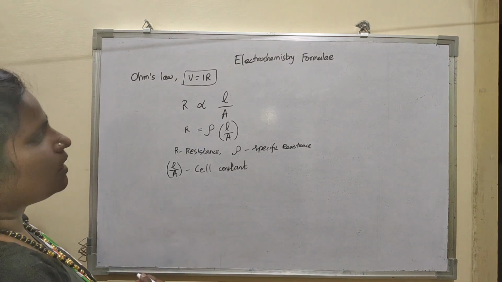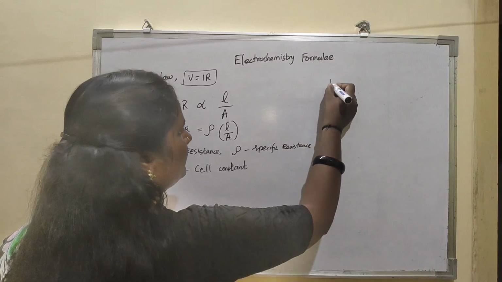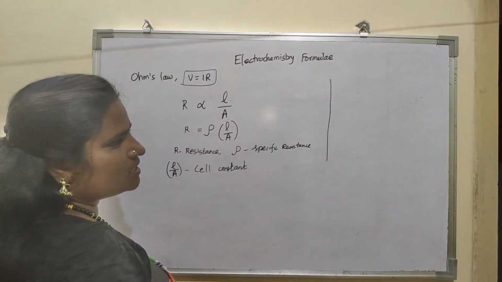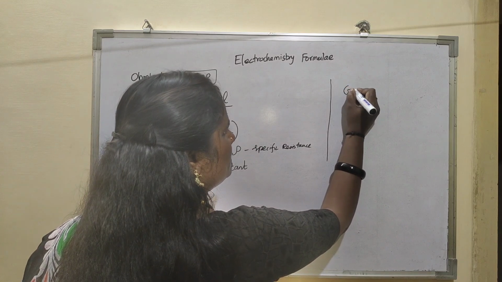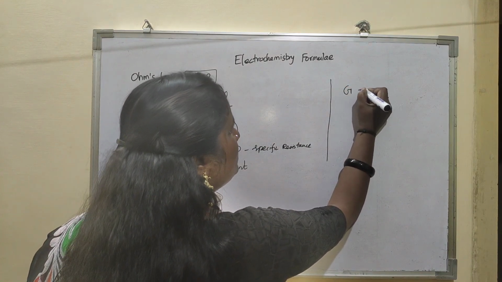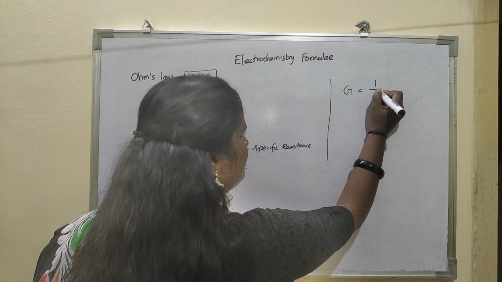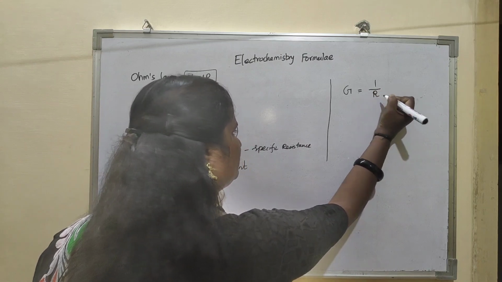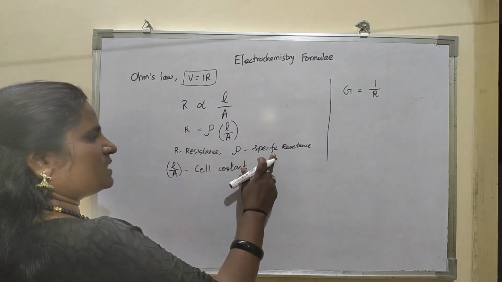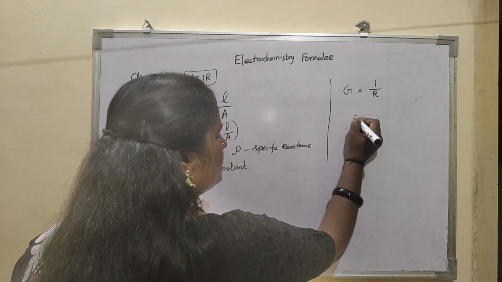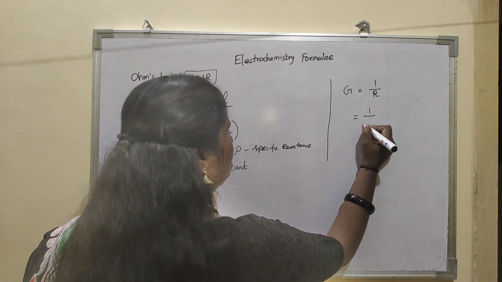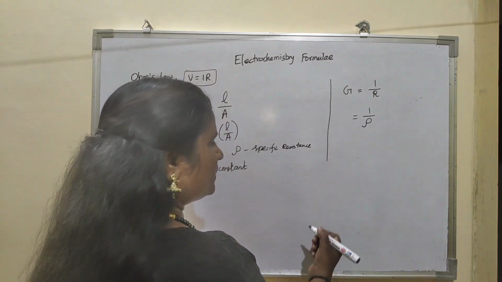We know that the inverse of the resistance is known as the conductance. So I put the symbol G as the conductance. G is 1 by resistance. Similarly, I know the specific resistance. If I want to get the specific conductance, I have to take the inverse of rho, where rho is the specific resistance.